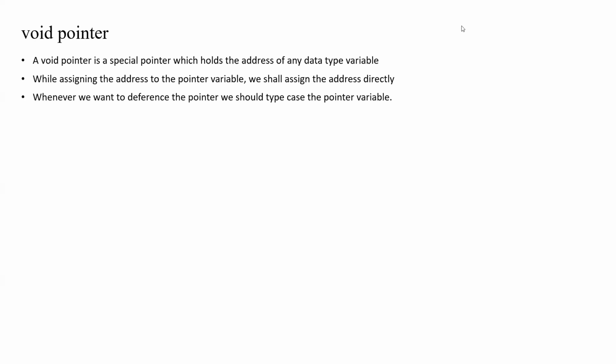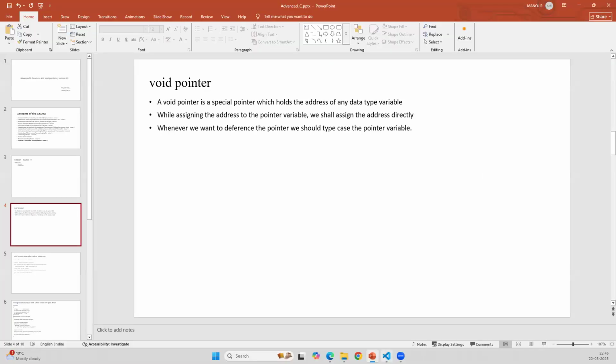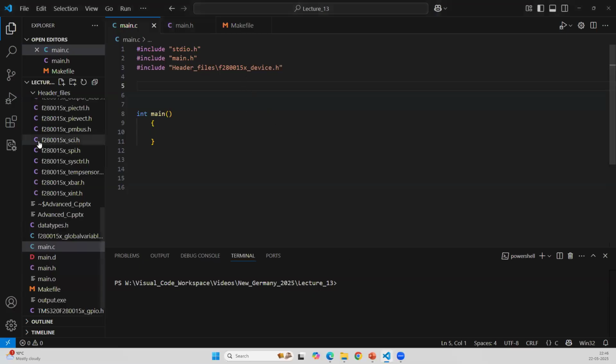So let's try to understand this with some examples. I'll take VS Code. Let's say that you have some variable X, and a void pointer, so you should also give the star sign.